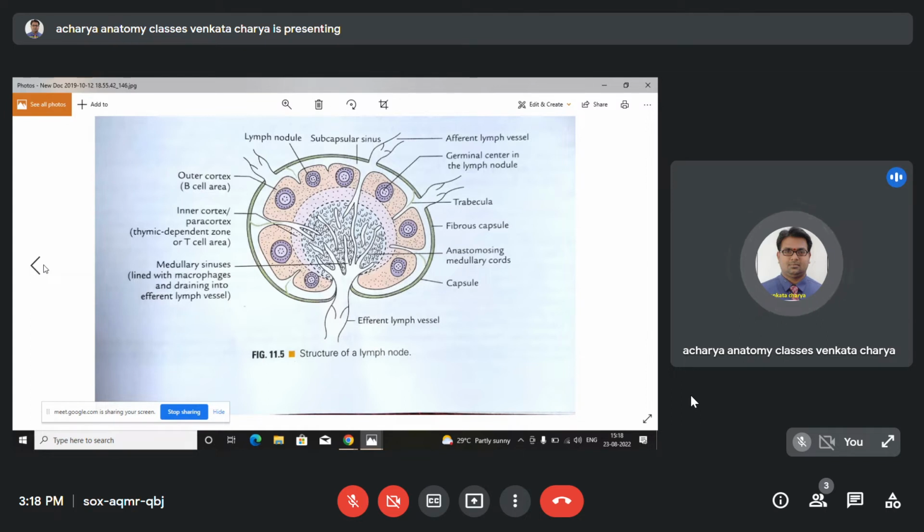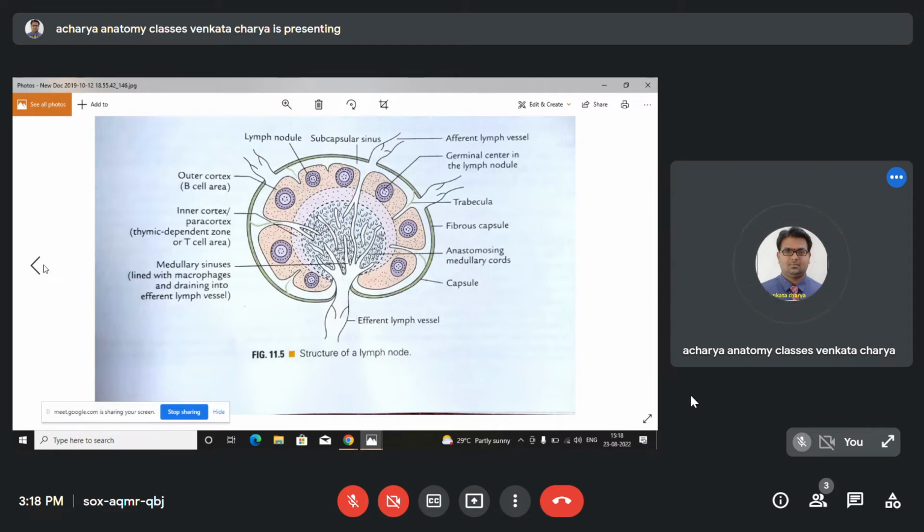And here this one is the inner cortex area. Outer cortex and inner cortex. In the inner cortex area there is a presence of T lymphocytes. Dot and X is the method. Round dots. Are you getting round dots? So round dots are nothing but T lymphocytes. Here B lymphocytes.